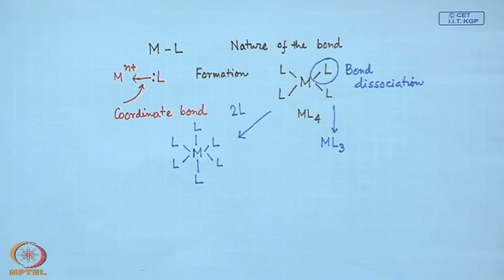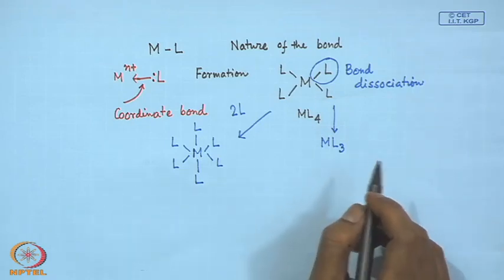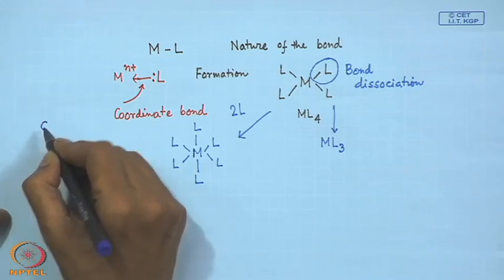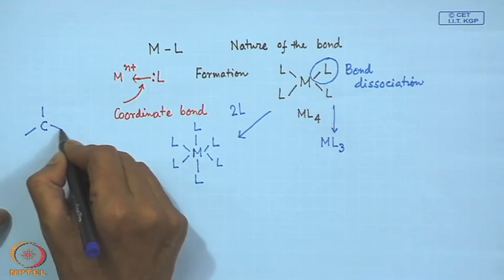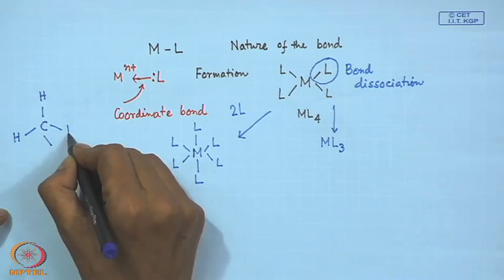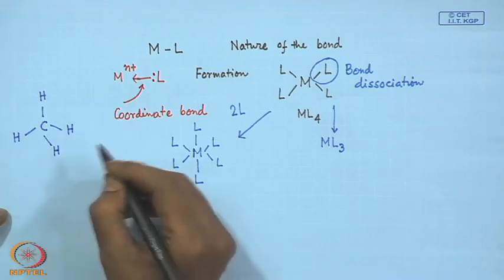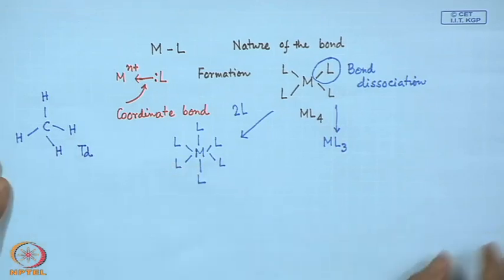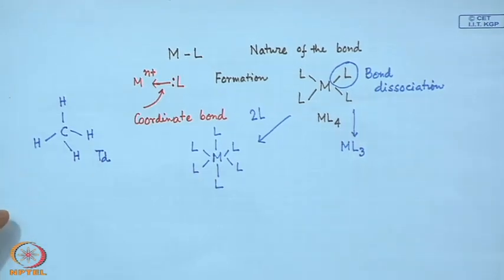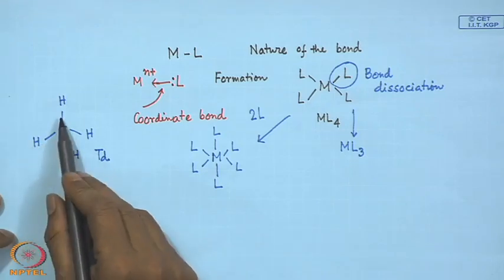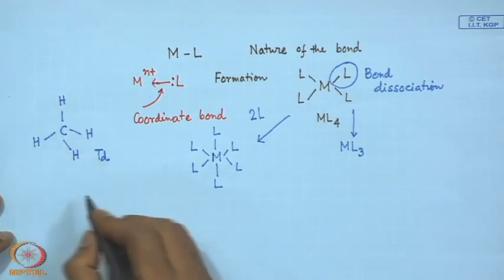So, knowledge of the type of the bond is always very important, the way we know for different covalent compounds, like the formation of the methane molecule from carbon and 4 hydrogen atoms in a particular tetrahedral geometry. This tetrahedral geometry always tells us that we have the carbon center, and that carbon center is forming 4 CH bonds.